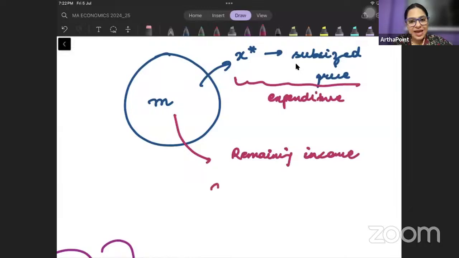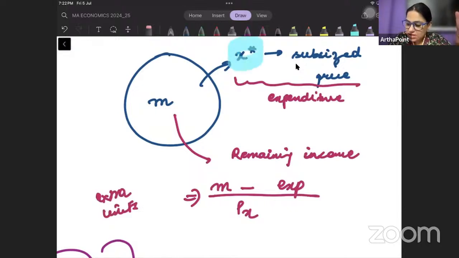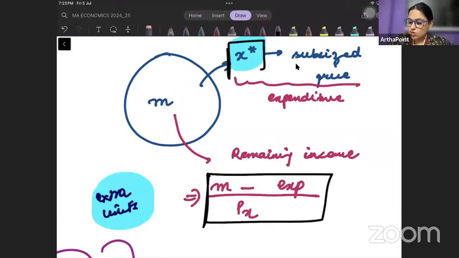My remaining income is actual income minus the expenditure that I have incurred on these goods. Whatever money is left, I am dividing it by the price of good X. This will give me those extra units that I am able to purchase from this remaining income. So this units plus this units is my total purchase.